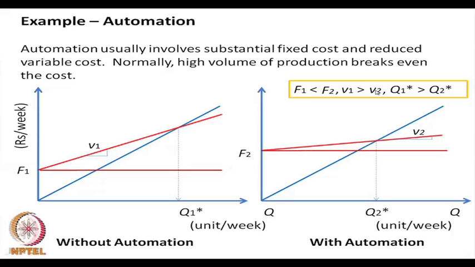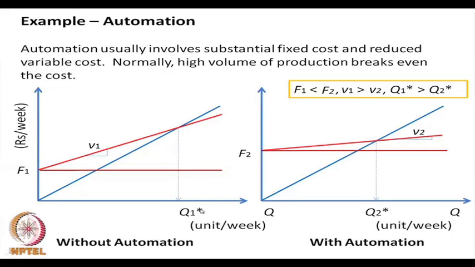Now, depending on the actual values of F1, F2, V1 and V2, the break even point during automation can be higher or lower than the first case. In this case, we have shown that Q2 star is definitely lower than Q1 star.